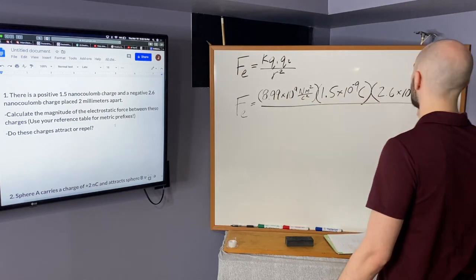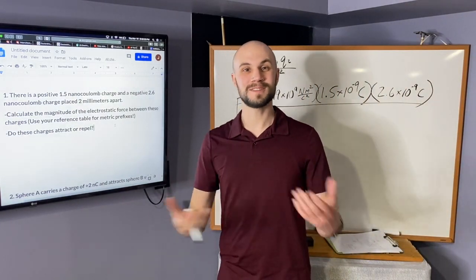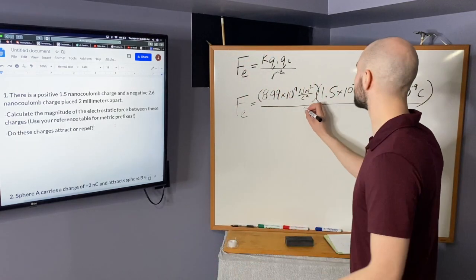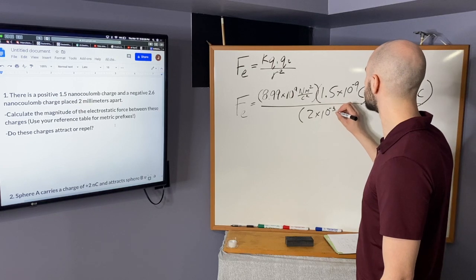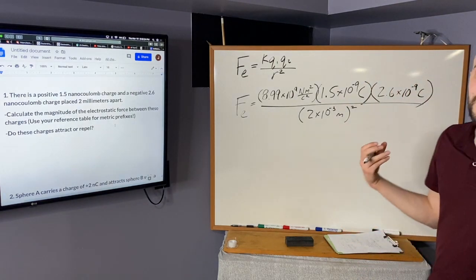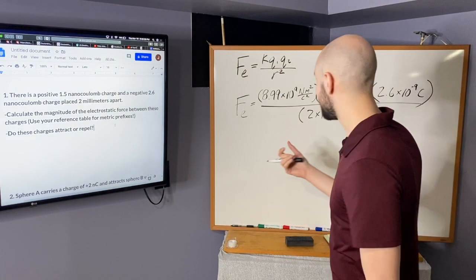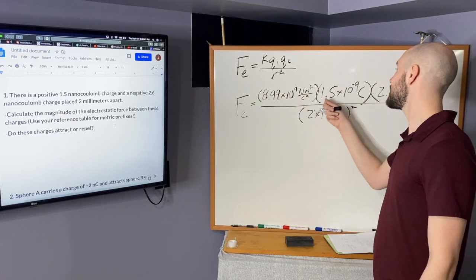This is all over the separation squared. Millimeters, 1 millimeter is 10 to the minus 3rd meters. So we're going to be plugging in 2 times 10 to the minus 3rd meters. Very important that we square this quantity. Plugging this into your calculator, I would use that capital E button, but just make sure that you plug in everything straight.